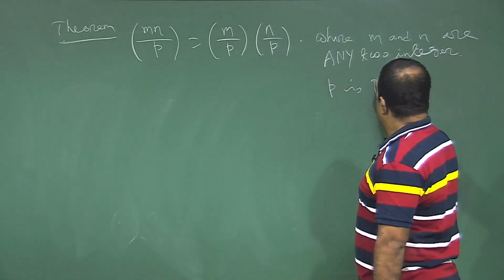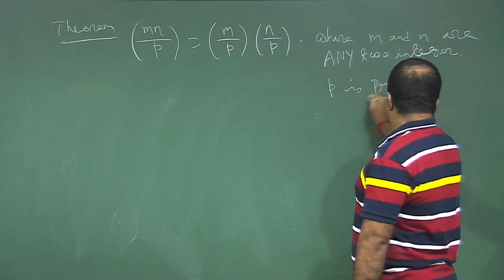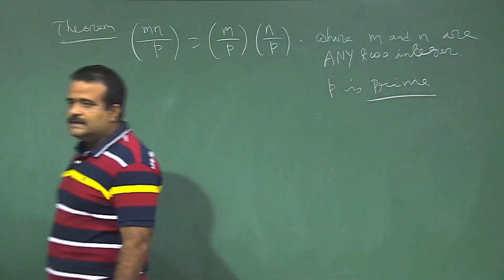So far we are taking p prime; this is mandatory because this is the Legendre symbol.